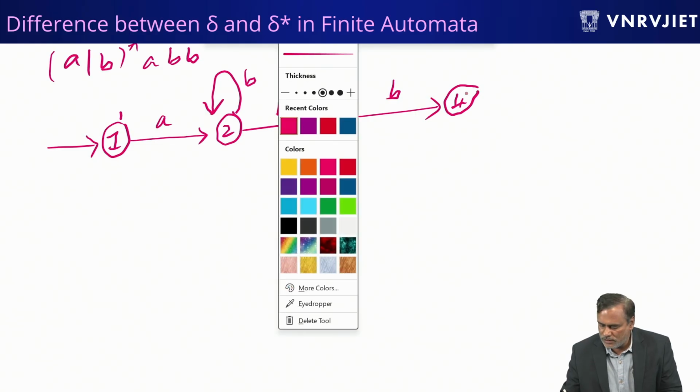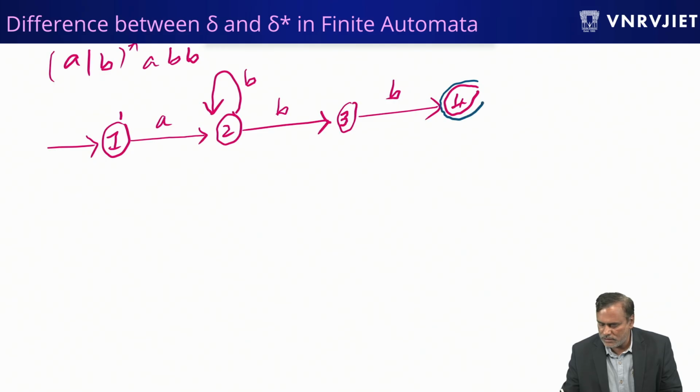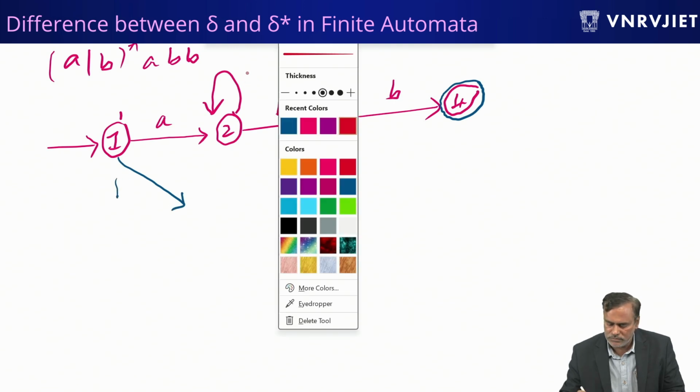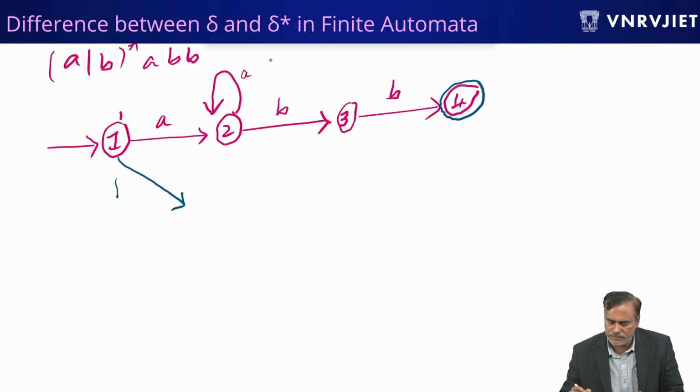Let me use a different color for double circling. Yes, this is your final state. Next, for A and B, I am taking different paths. This is A, this is B, and let me give the number for this state as 5.